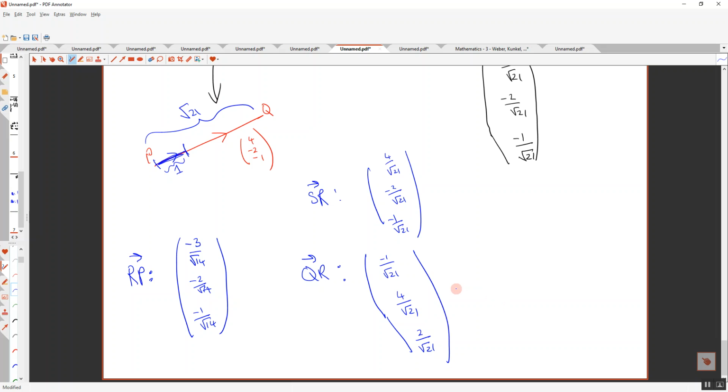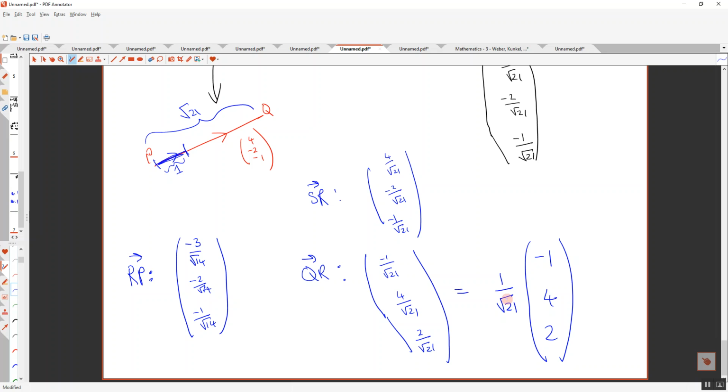And obviously you could write this as well if you want as 1 divided by the square root of 21. It might actually be easier, negative 1, 4, 2. Okay, so you could just take out as a factor.